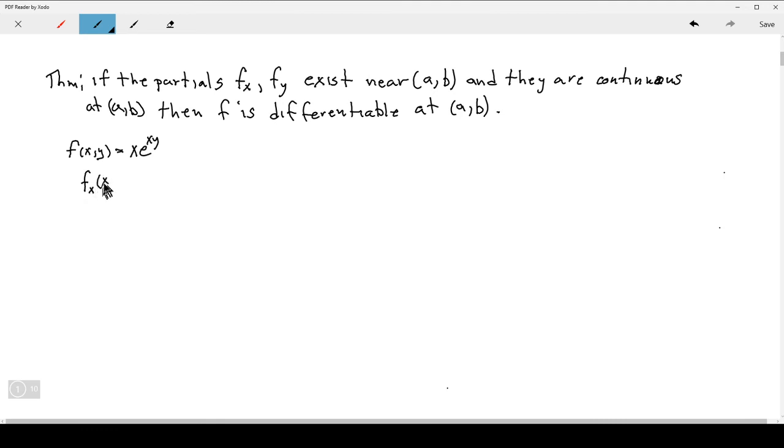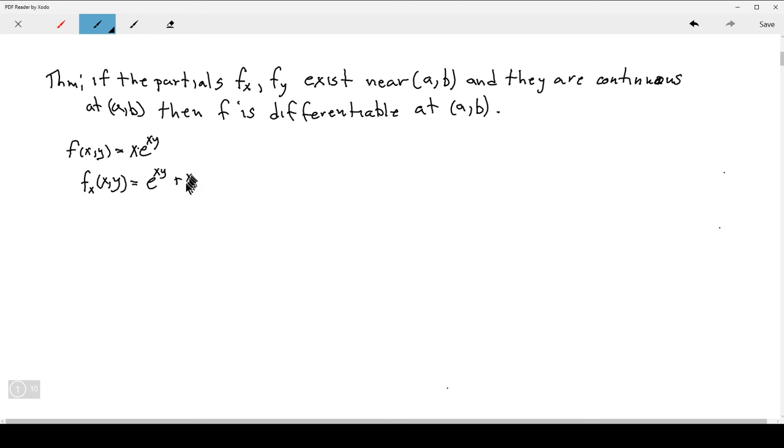f x of x y. All right, now we're doing this with respect to x, and because I have an x here and I have an x here, that's a product, which means I have to use the product rule. So if we do the derivative of x, the derivative of the first times the second, I'm going to get e to the x y plus the first times the derivative of the second.